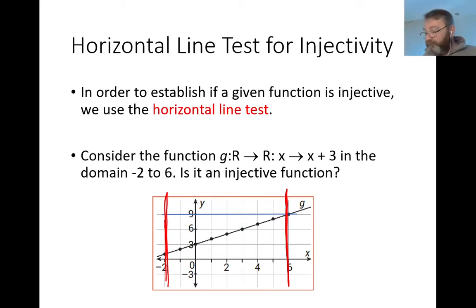Now, here's the more unusual thing. Is it bijective? In other words, if I take my blue line and run it up and down, notice that here we're going to R. We're going to a codomain that takes in every number, so we're going the full length of the y-axis.